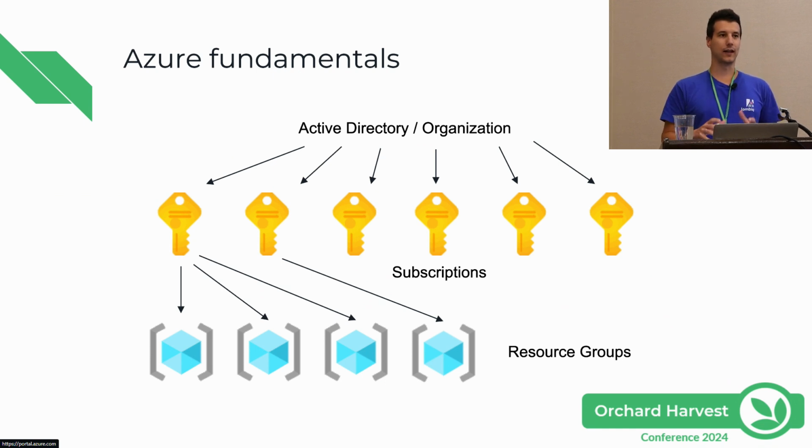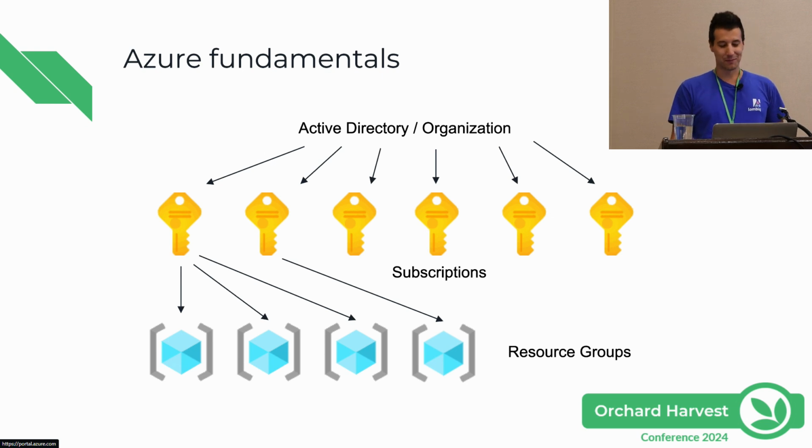But the idea here is that you can create these silos which would roughly correspond to, let's say, departments within your company. And then you also have resource groups, and it makes sense to put the resources that correspond to the same application into the same resource group. But if you know that you are leaving your job in a couple of days and you are setting up the environment, you can put things all over the place and then make the next person's job harder. I don't know why you would do that. Please don't do that.